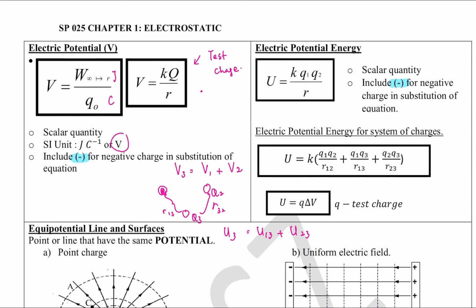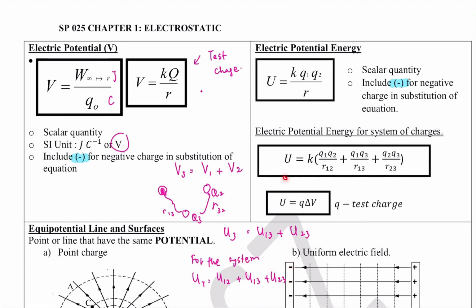Kalau dia minta electric potential energy for the system of charges, so you can tambah semualah. Maksudnya U total sama dengan U12 plus U13 plus U23. So kalau beza dekat sini, dia tak ada U12 sebab dia tak melibatkan 3. Kalau yang ni for the whole system lah.